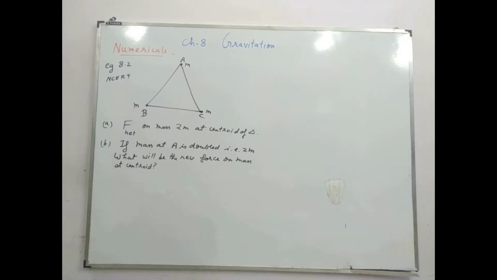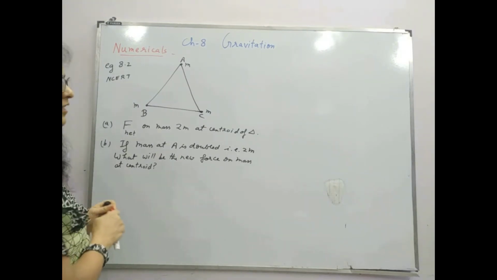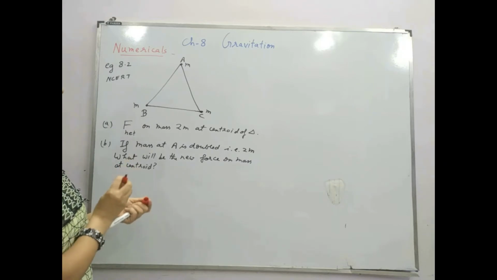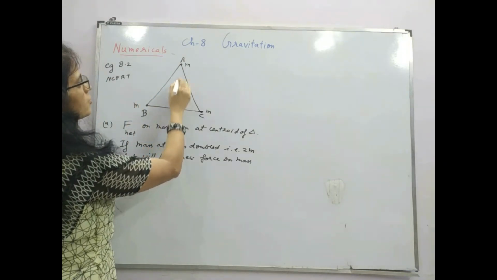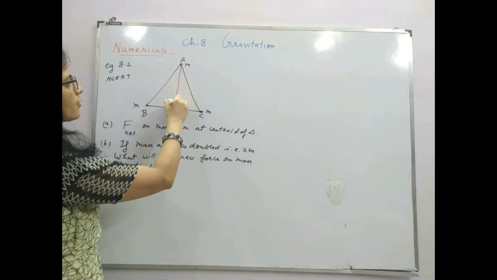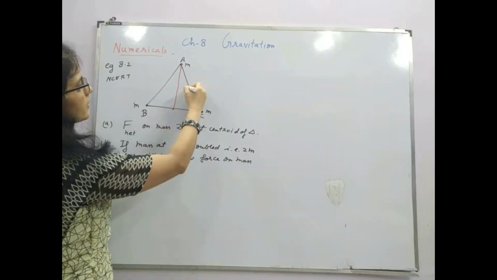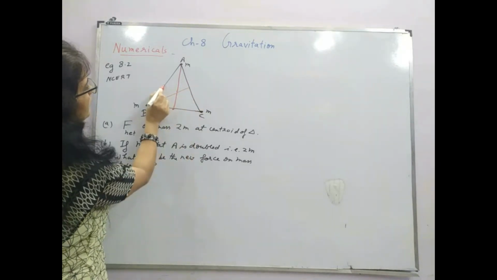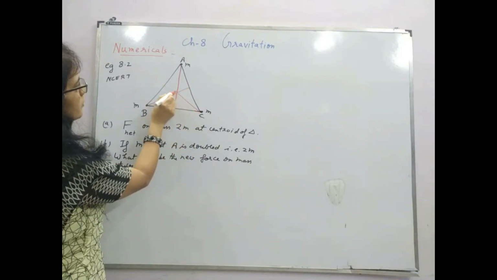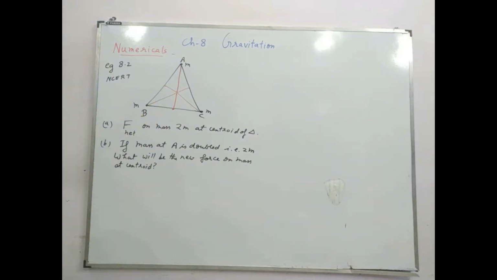Now in this, we'll first draw the centroid. What is centroid? It is the point where the medians intersect. So if I'm talking about centroid, this is the midpoint, this is the midpoint, and this is also the midpoint. So this is the centroid. They have given the distance of the centroid from ABC as 1 meter.